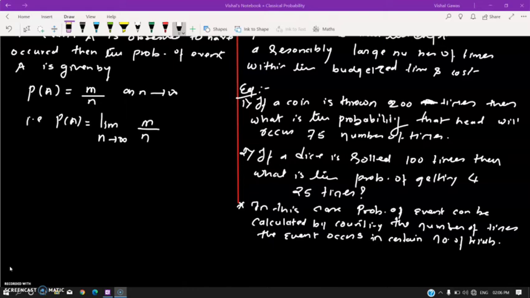But if I toss the same coin 20 times, classical probability would tell me that I should get a 50% chance of getting head, which means I should get 10 heads. But that's not true, because in a real problem, if I toss it 20 times, it's not necessary that I get even 10 heads. I can get all tails or something like that.